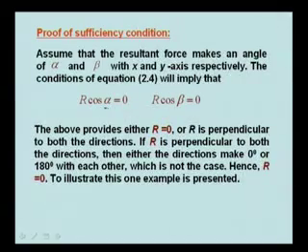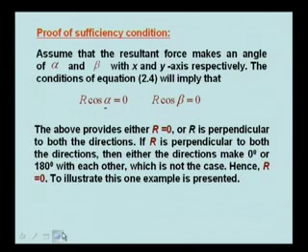If cos alpha is equal to 0, then alpha is 90 degrees, and similarly R cos beta equal to 0 means beta is equal to 90 degrees. So if R is perpendicular to both the directions, then the directions make 0 degree or 180 degree with each other, which is not the case, hence R is equal to 0.